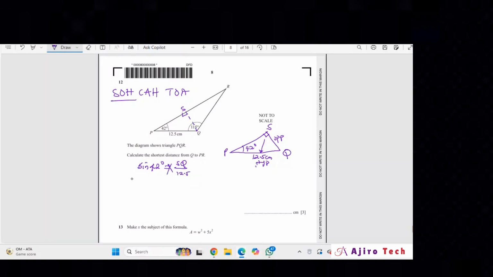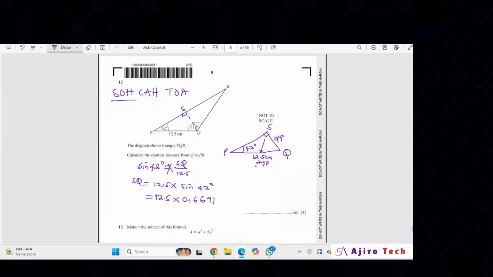So if you cross multiply, SQ will be 12.5 multiplied by sine 42 degrees. So you are going to do sine 42. Sine 42 will give us 0.6691.